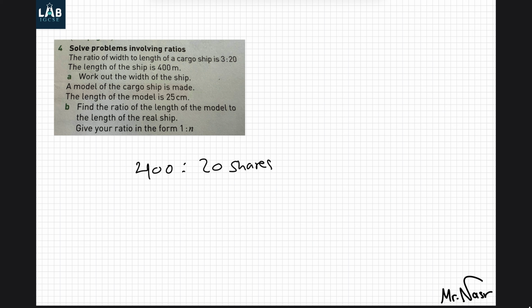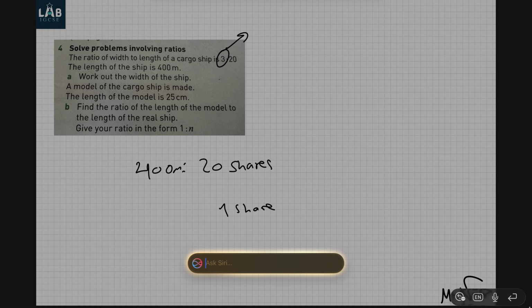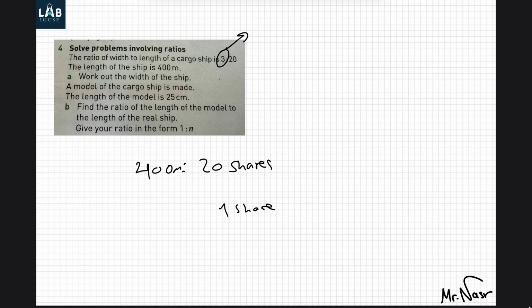Here we go. This one here is for the length, right? The length of the ship is 400 meters, taking 20 shares. I need to know how much 1 share is, because once I know 1 share, I can change it easily to 3 shares, which is the width. Once I know how much 3 shares is in meters, I will know my width.